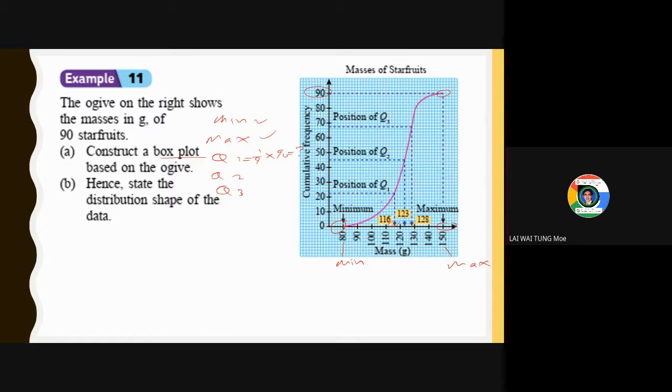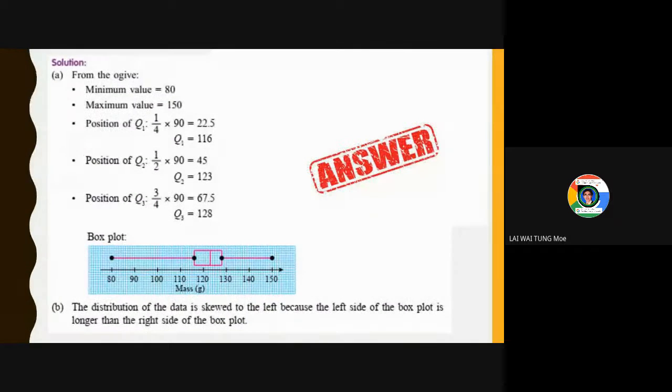So this is your Q1. Do the same thing for Q2, 1/2 times 90, and the third quarter is 3/4 times 90. Do the same thing for each of these, and then read the Q1, Q2, Q3 values from your graph. So you will get these values from your graph. This one, this one, this one.